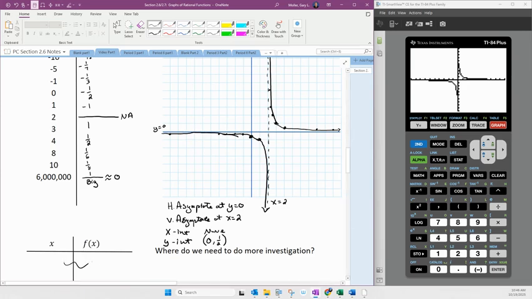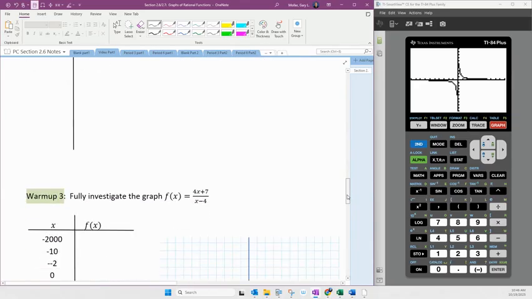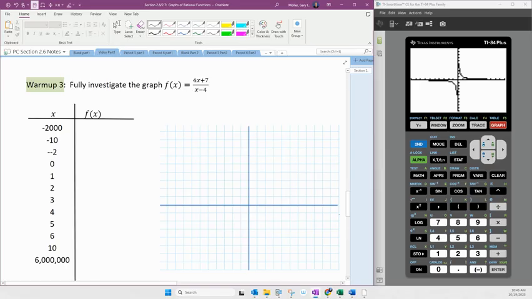And we're skipping this do more investigation part. All right, now let's see what's going on in this one. Probably going to need our calculator a little bit more here. I'm going to plug in 0, and I get 7 on top and -4. So this is -7/4. I plug in 1, I get 11 over -3.